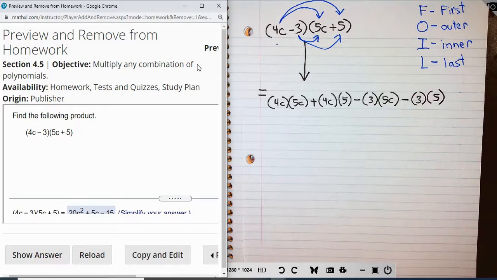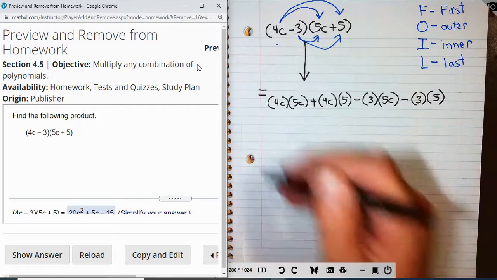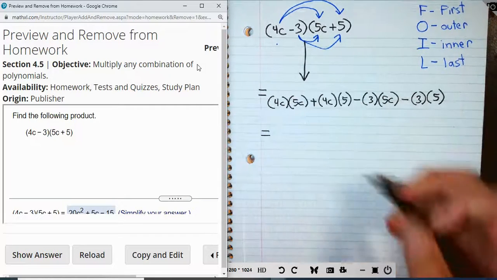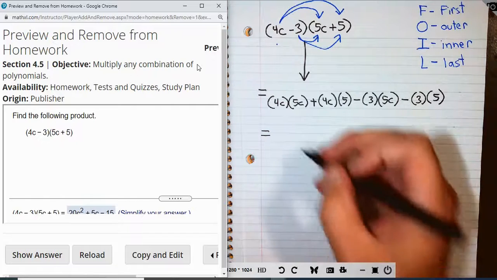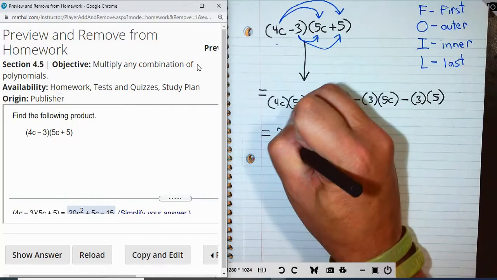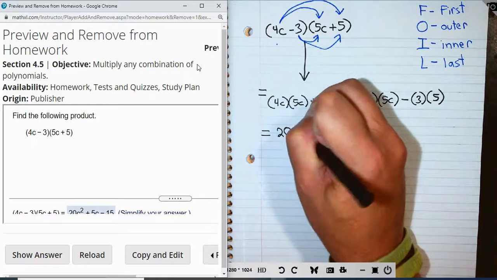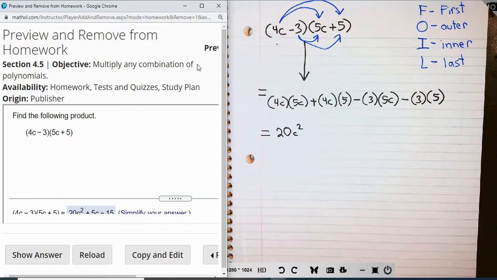So I just included that step there to reiterate what's happening with the FOIL process. Our next step would be to do this. 4c times 5c is 20c squared. All right. A lot of times students will say 4c times 5c is 20c. Remember that squared part, okay? Because we're using the product rule here.